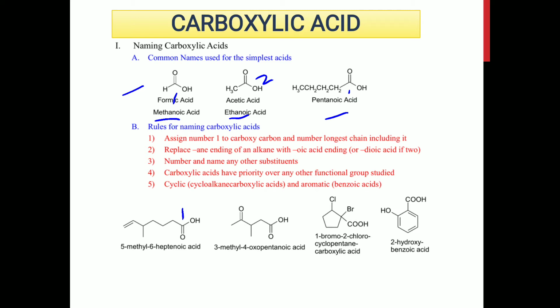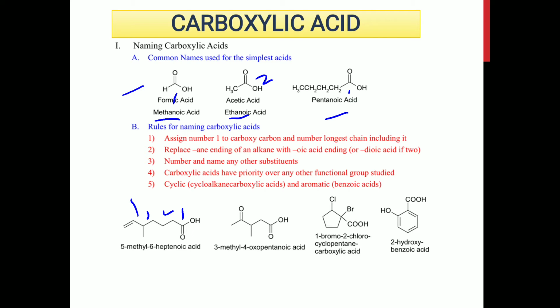The carboxy carbon will always have number 1, because if any other functional group is also present in that chain, you always give preference to the carboxy carbon. So numbering starts from carboxy carbon 1, then 2, 3, 4, 5, 6, 7, and so on.